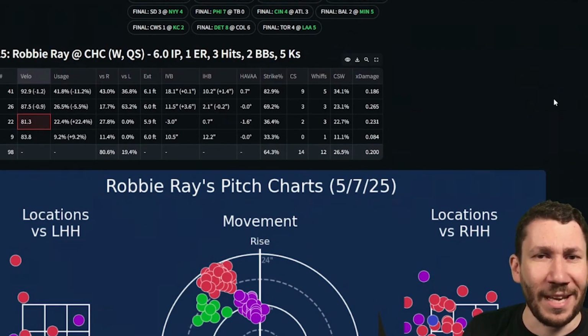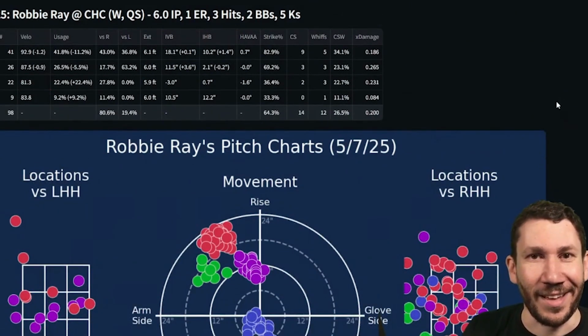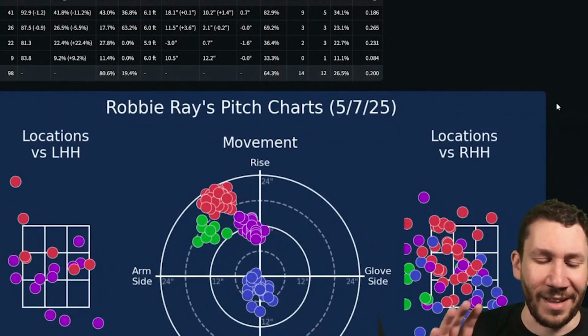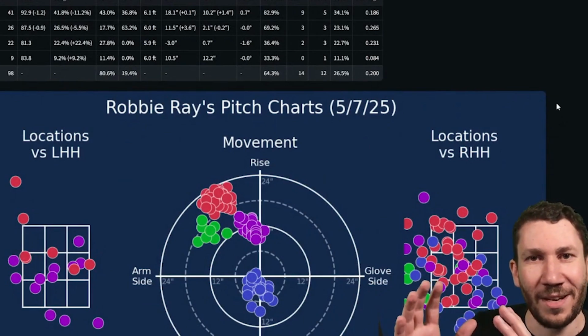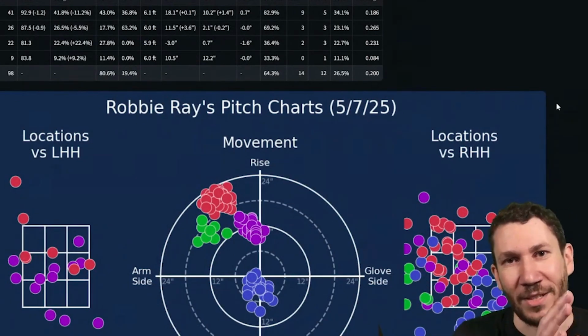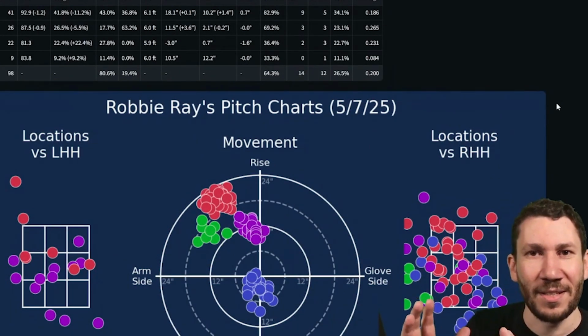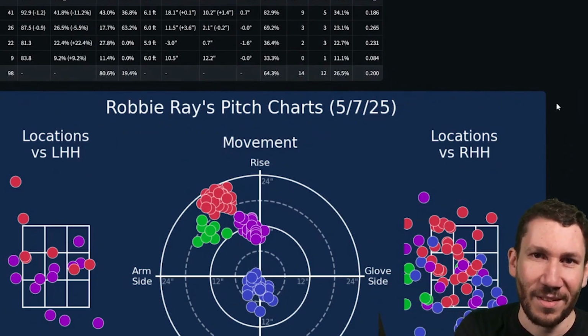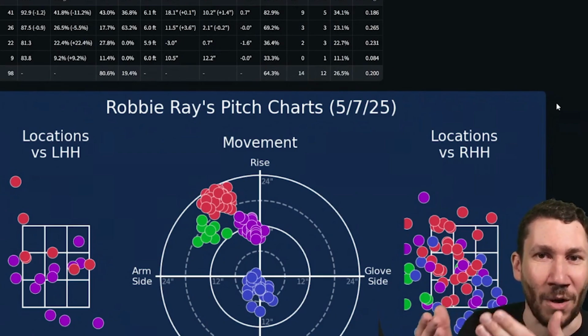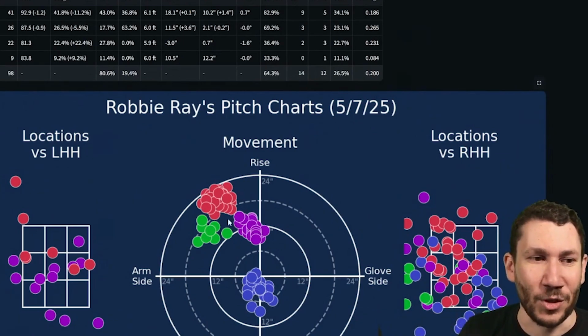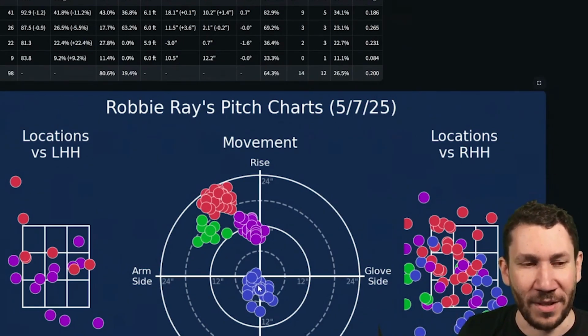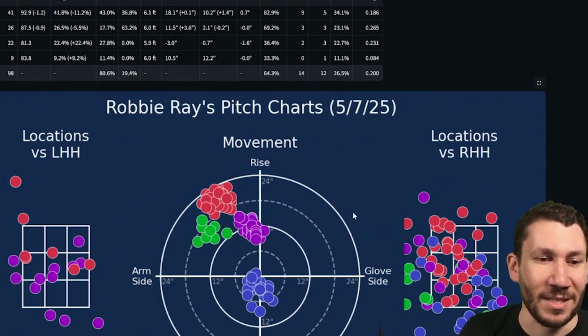Just think of it this way: you're getting a lot more movement and at velocity, right? It's always a trade-off of how much movement you're getting versus how much velocity you're getting. When you lose velocity, it's generally to get more movement. So if you're able to maintain a fair amount of velocity and also have a good amount of different movement, which you do have here, it can be very effective, right?